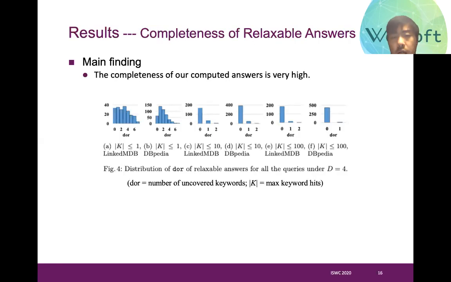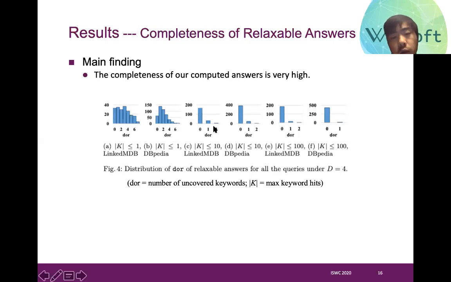Meanwhile, even though we allow relaxable answers, the completeness of our answers is very high in practice. In normal settings, relaxation is not needed. It does not happen in practice, but when it has to happen, when we have to drop some keywords, we usually only need to drop 1 keyword.